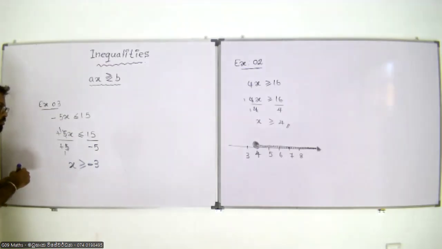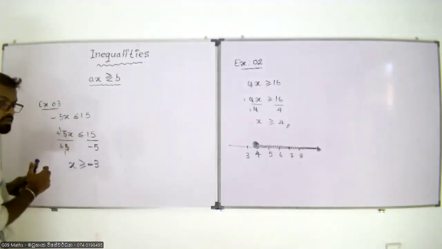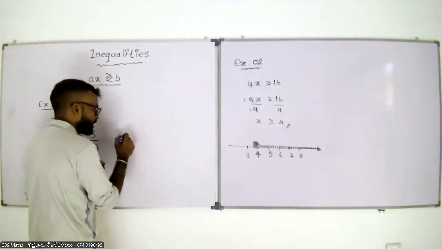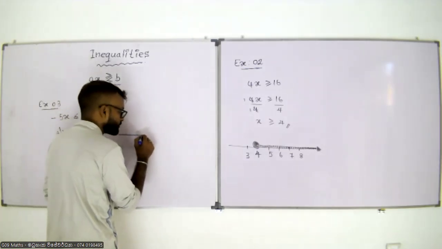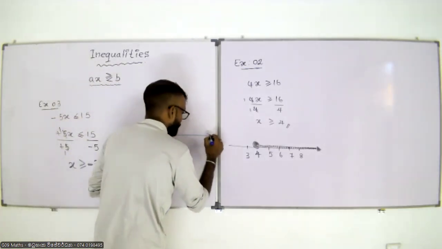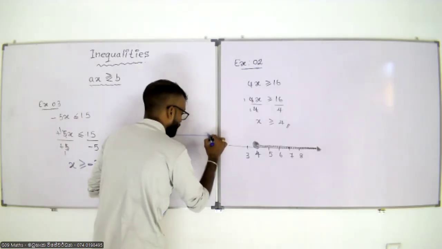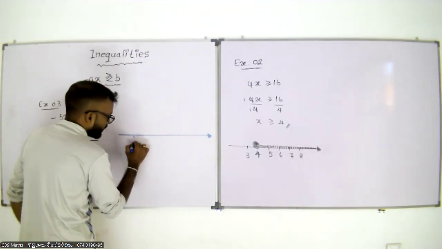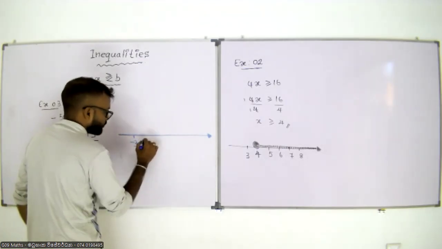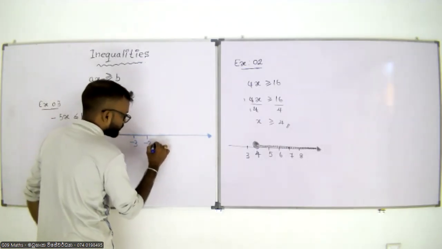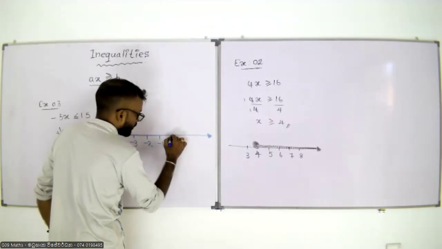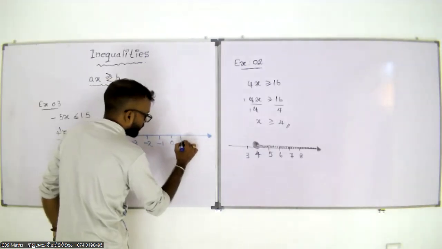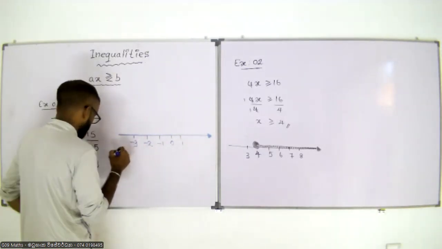If you want to represent this inequality on the number line, you may use B. All the values, including -3, greater than -3, are a solution: 0, 1, up to infinity, right?